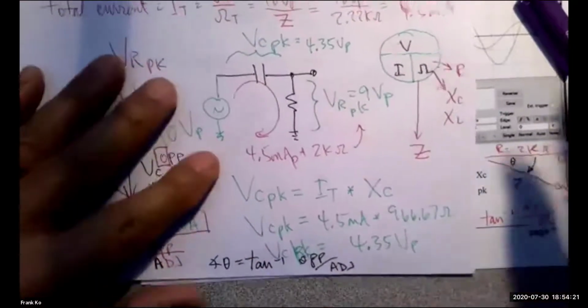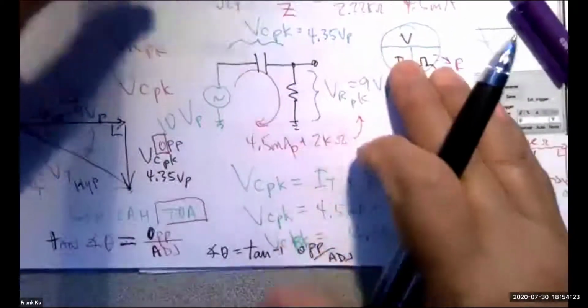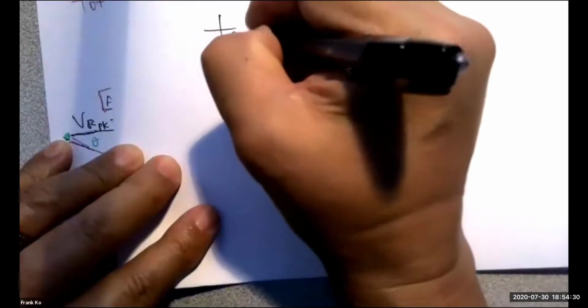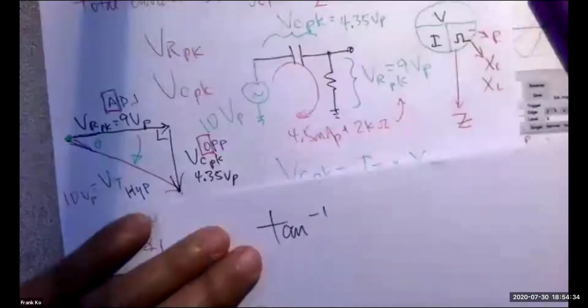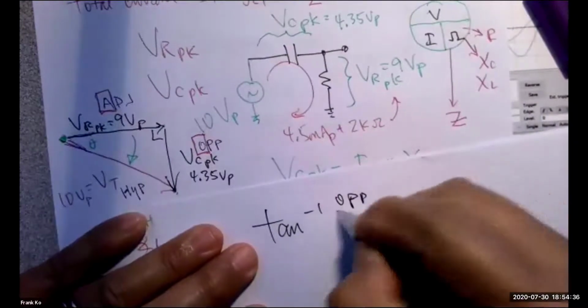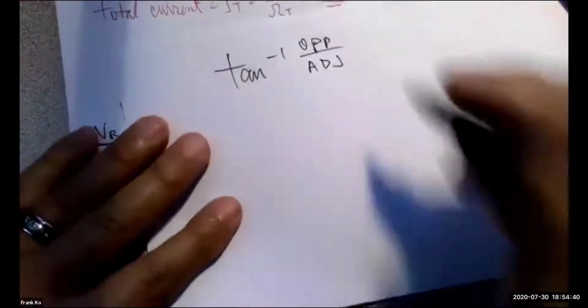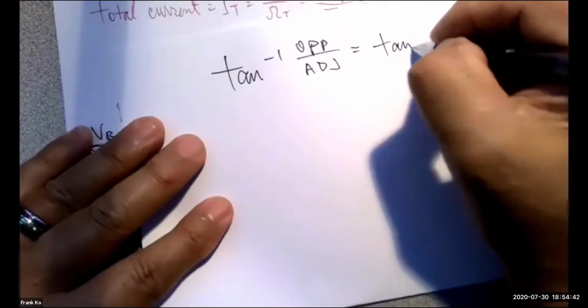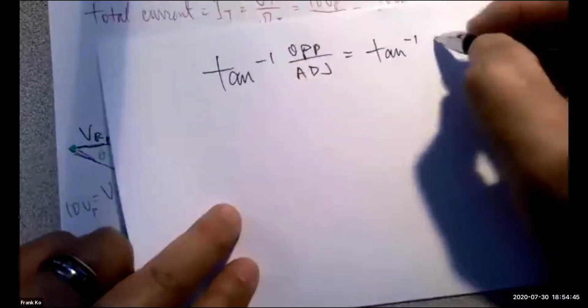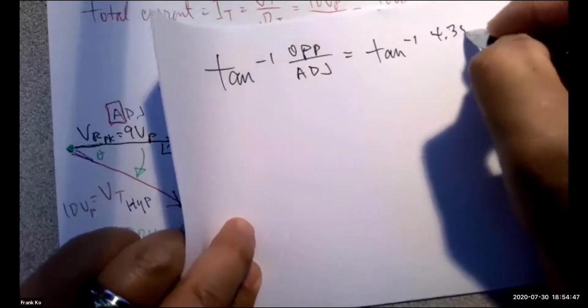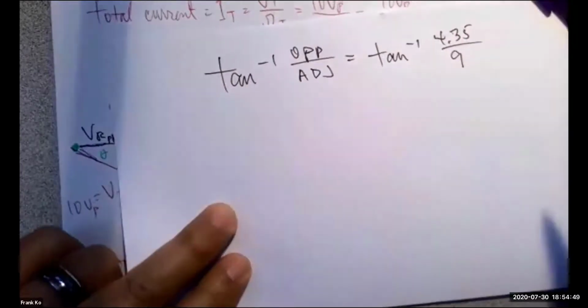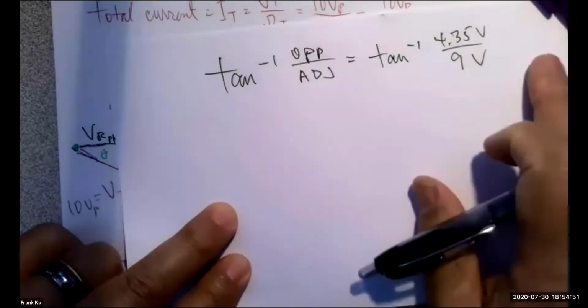So everybody do this, because this is a really good exercise. Get another piece of paper. We will do inverse tan of opposite over adjacent. In this case, this would be inverse tan of 4.35 over 9 volts. So if we use voltage, we'll do this.